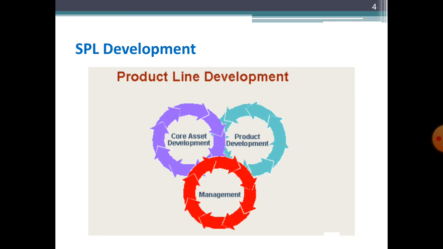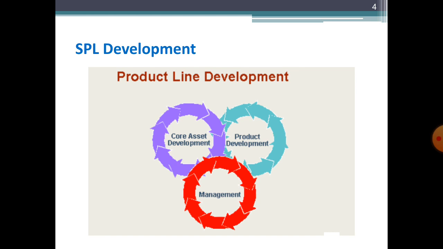And the next one is product development. So what is product development? Product development is the second constituency of software product line development. It involves the creation of products or systems from the core assets of the product line.